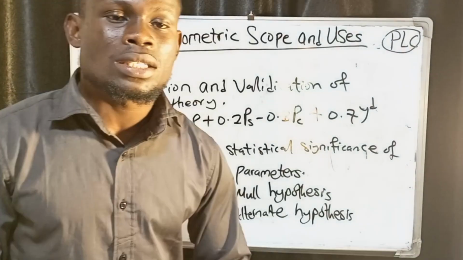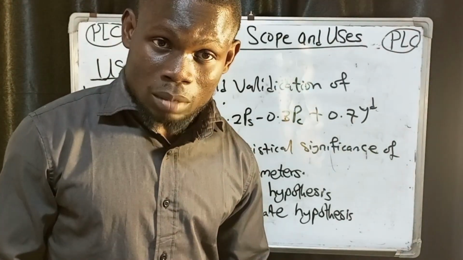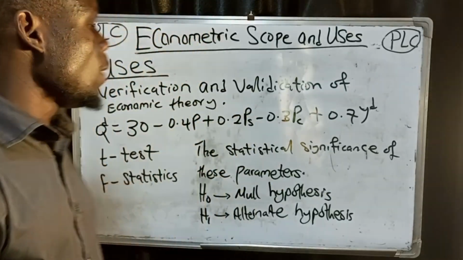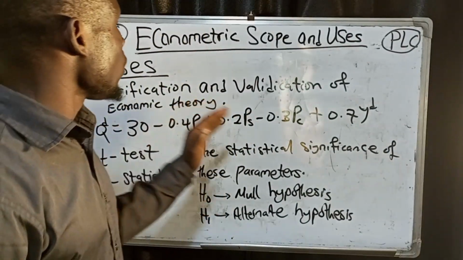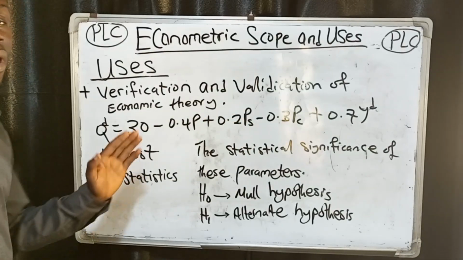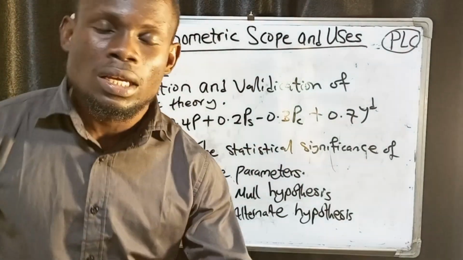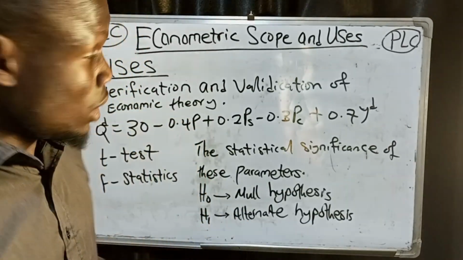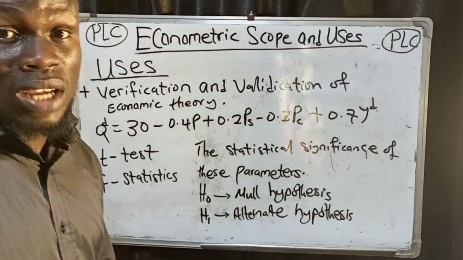Now, in our verification of economic theory, we've already established that we are basically going through what we call hypothesis testing. So there's a need for us to formulate our null hypothesis and alternate hypothesis, whereby we find our t calculated and our f calculated, which we compare with our t tabulated and f tabulated, using our degrees of freedom and the level of statistical significance.